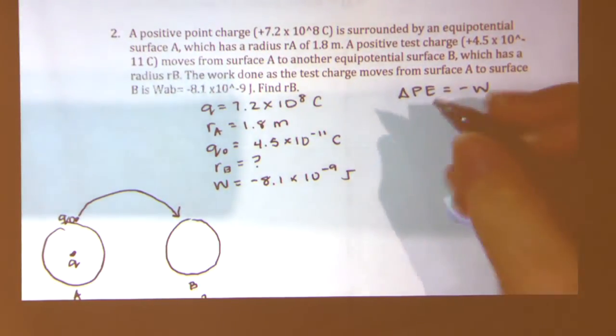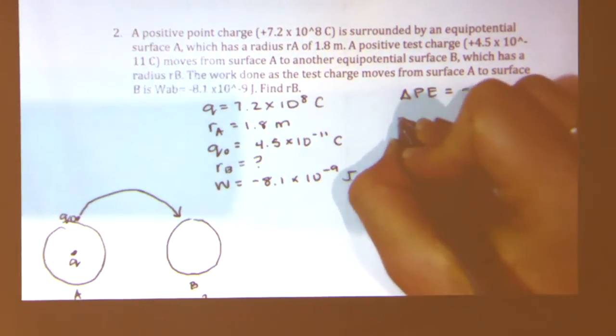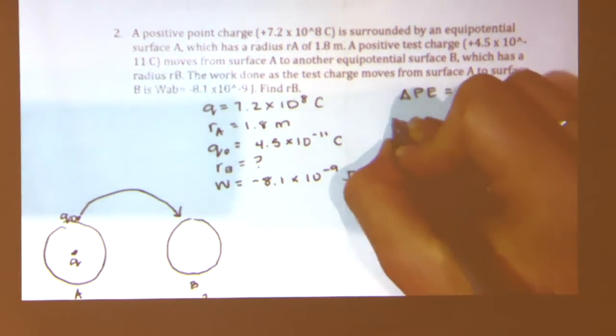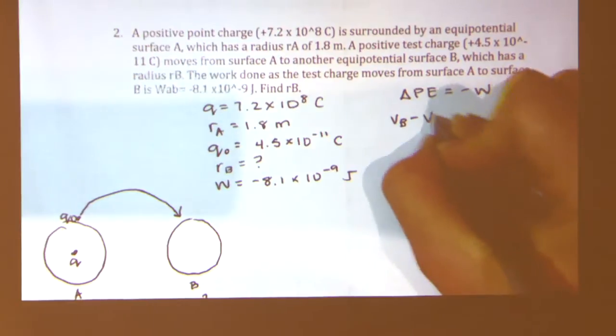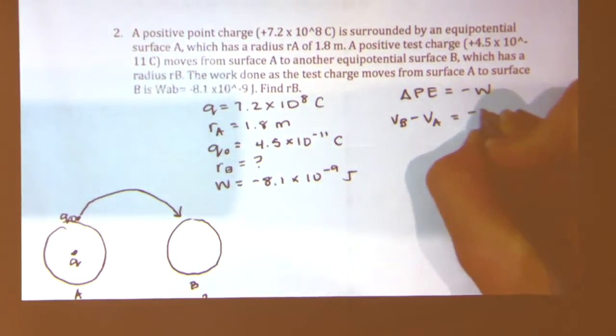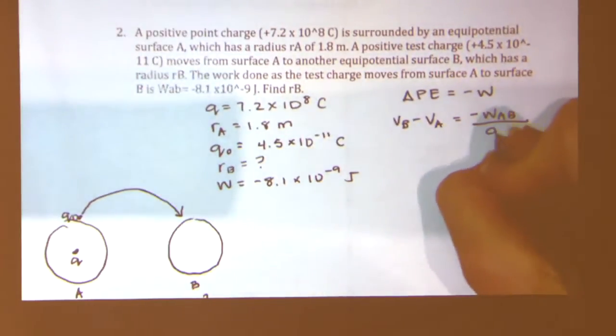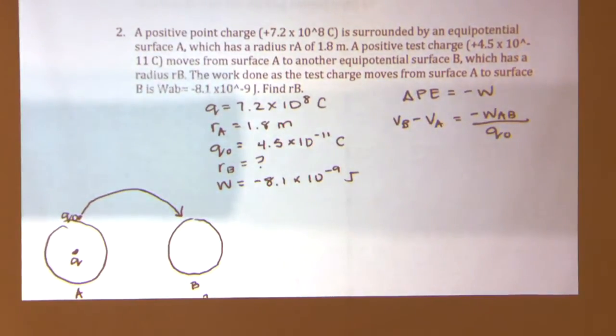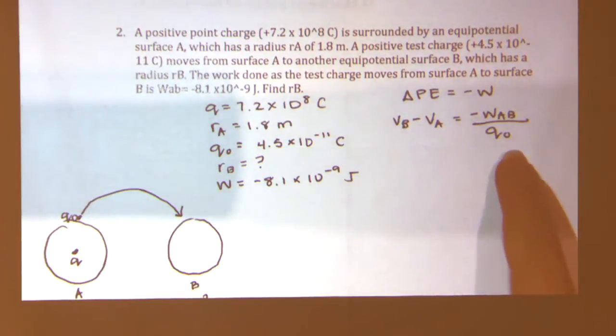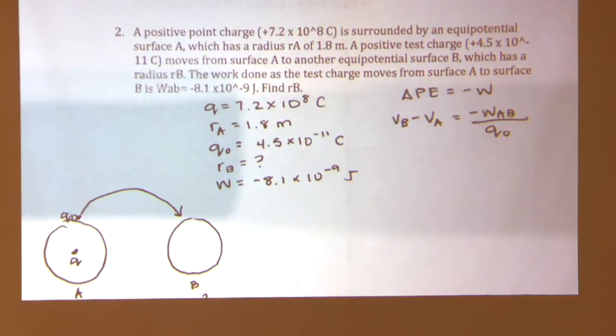And we can rewrite this as VB minus VA is equal to negative work over Q naught. Because that's really what's happening. We're going to use that test charge because that's the one that's moving, and that's the one that is actually doing work. The point charge isn't doing any work because it's not moving at all.